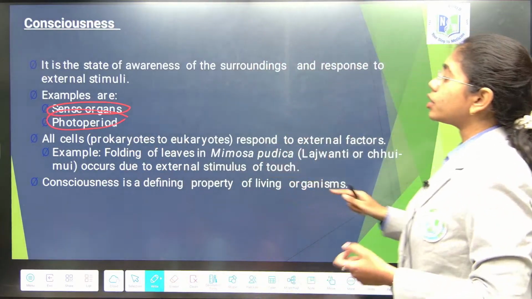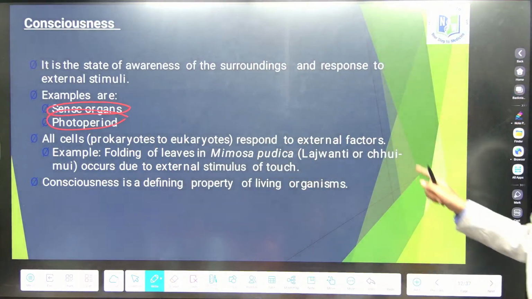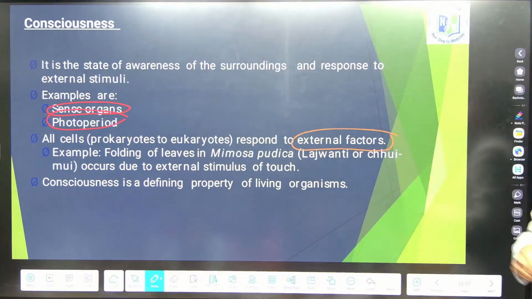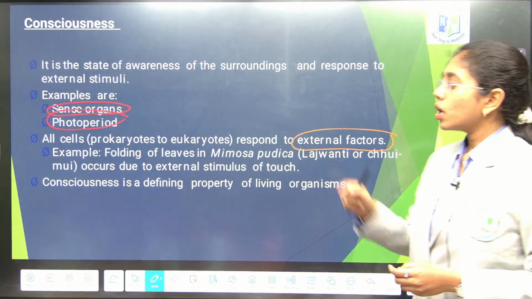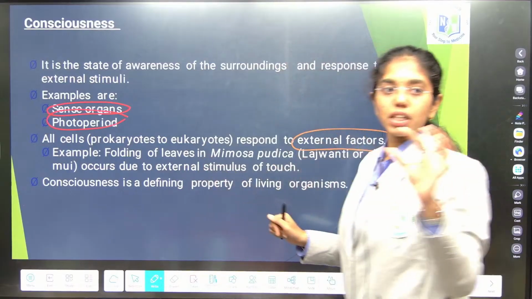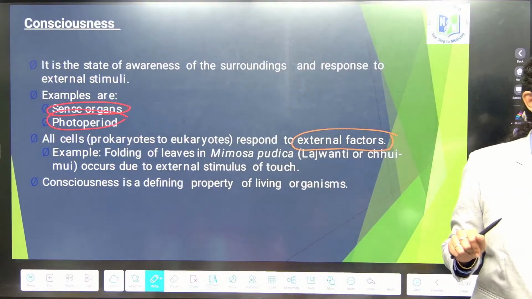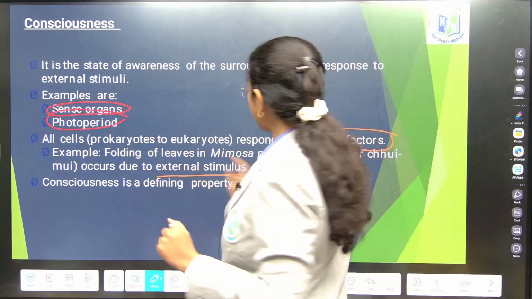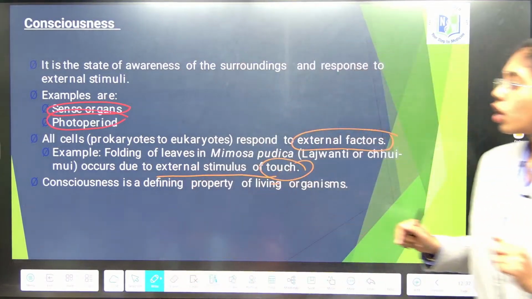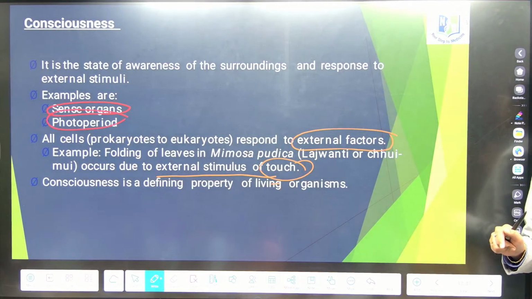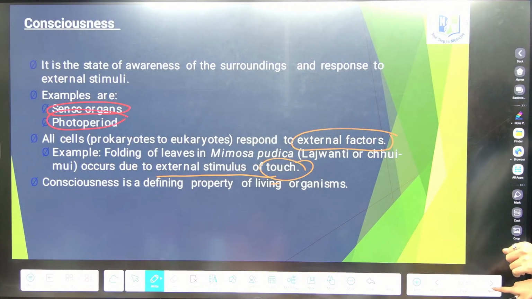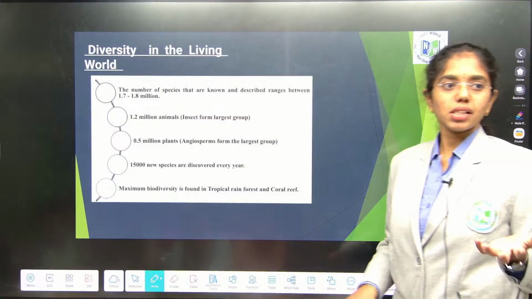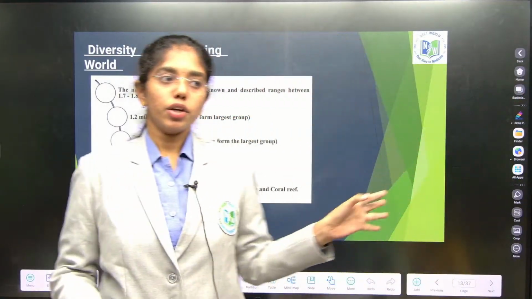So, all cells, be it prokaryotic or eukaryotic, will respond to what? External factors. For example, folding of leaves in the touch-me-not plant, which is Mimosa pudica. This is also a response to an external stimulus, that is touch. Consciousness is therefore a defining feature of living. Next is self-consciousness, which is only for human beings.